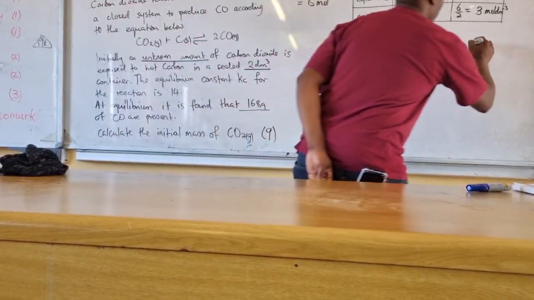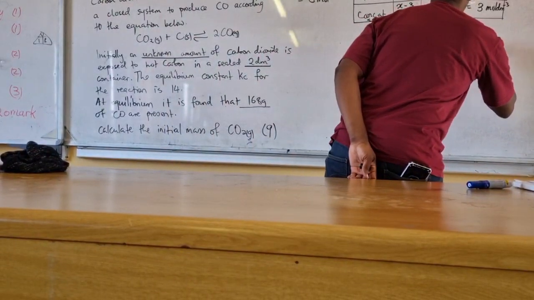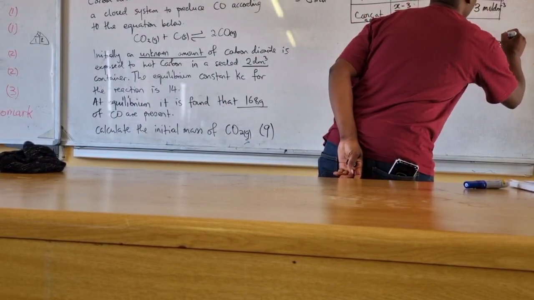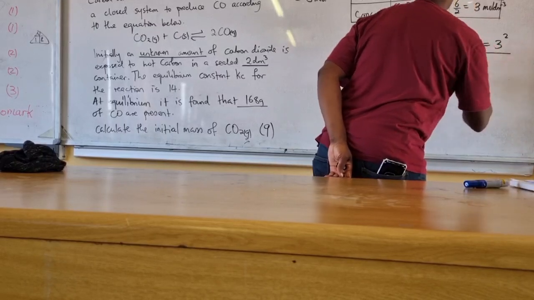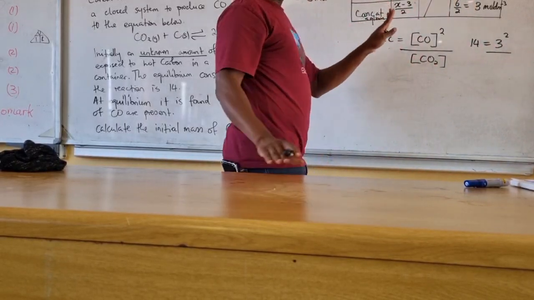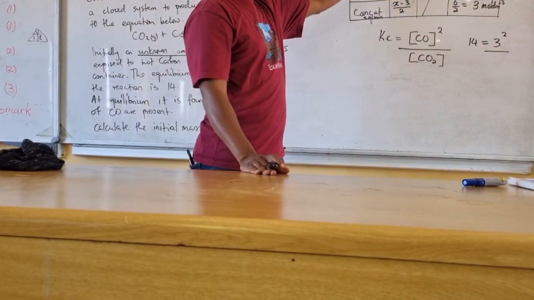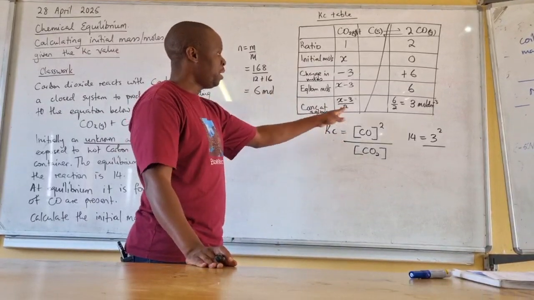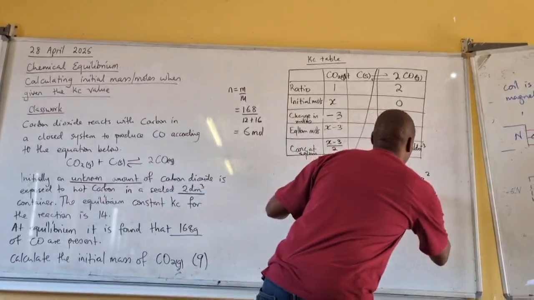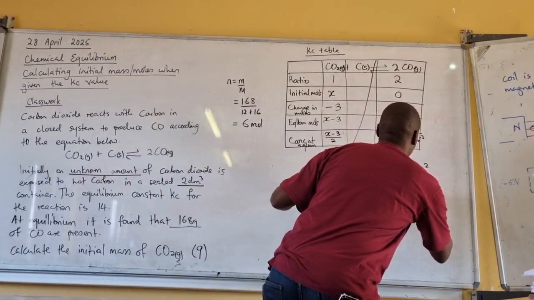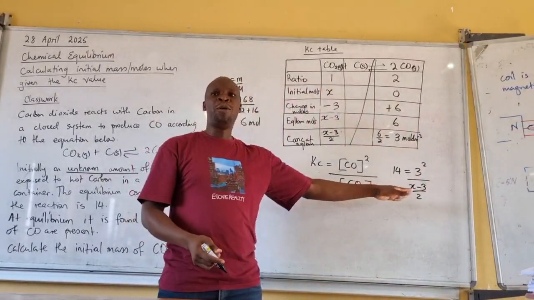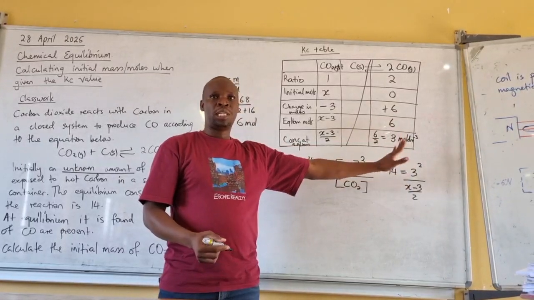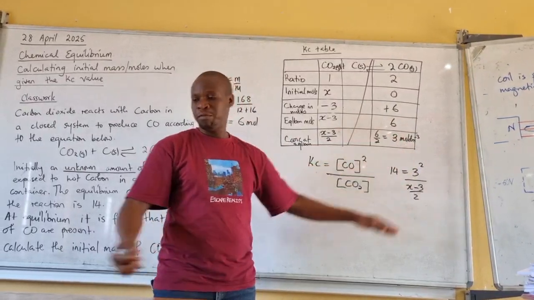So we substitute: 14 equals the concentration of carbon monoxide, 3 squared, divided by, right. Instead of writing the CO2 concentration as X minus 3 divided by 2, you see, we would then have a fraction within a fraction, which might give you serious problems with simplifying.